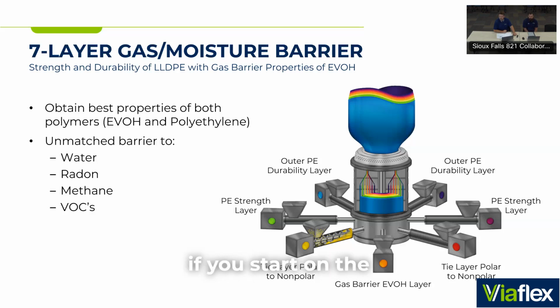If you start on the left, in the case of a permeation coefficient, lower is better. You're trying to keep this material out. I'm not going to read the units, but it's a unit of flux. On the left, you've got a linear low density membrane, high density membranes, followed by the two EVOH thin films at varying mole percents, and then our co-extruded membrane that we depicted earlier in the presentation.